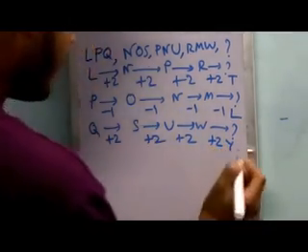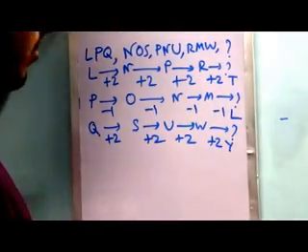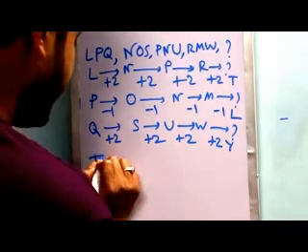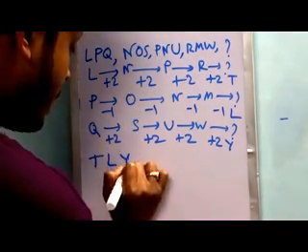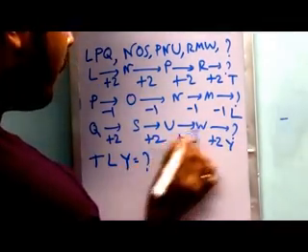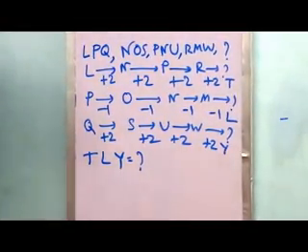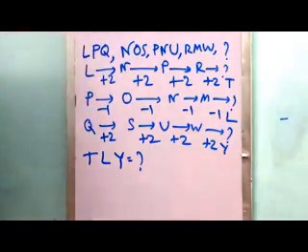So it will be Y. So what we actually get from the 3 rows? We get T from the first row, L from the second row, and Y from the third row. So if we put TLY in place of the question mark, the whole pattern will be completed.